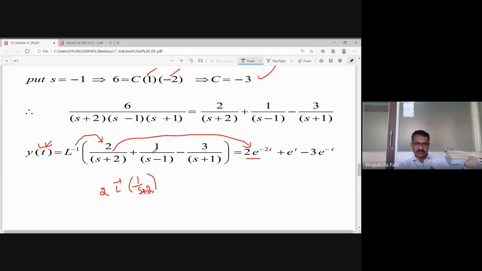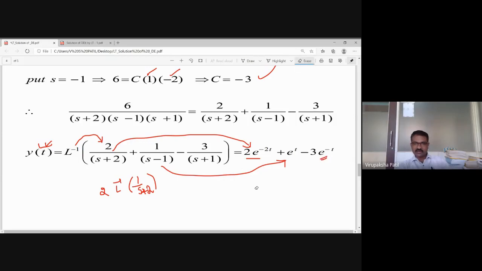L inverse of 1 divided by s minus 1 is e to the power plus t. Then minus 3 should be taken common. If you operate L inverse on 1 divided by s plus 1, it becomes e to the power minus t.